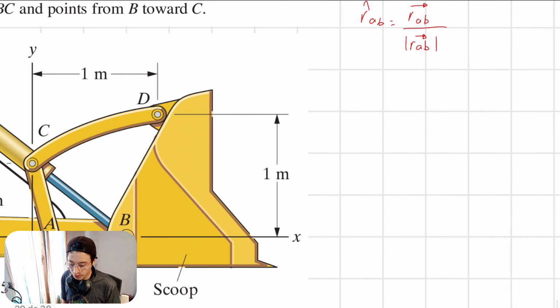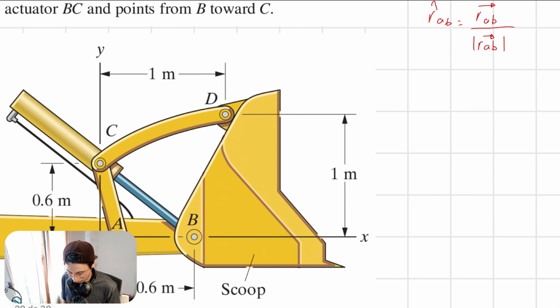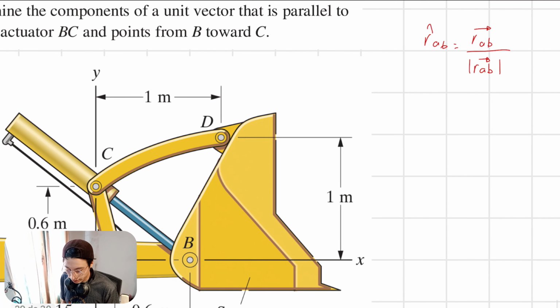Now, we have the principal equation. The book has asked us to determine RBC, the unit vector RBC, from point B towards C. Remember what I mentioned before.